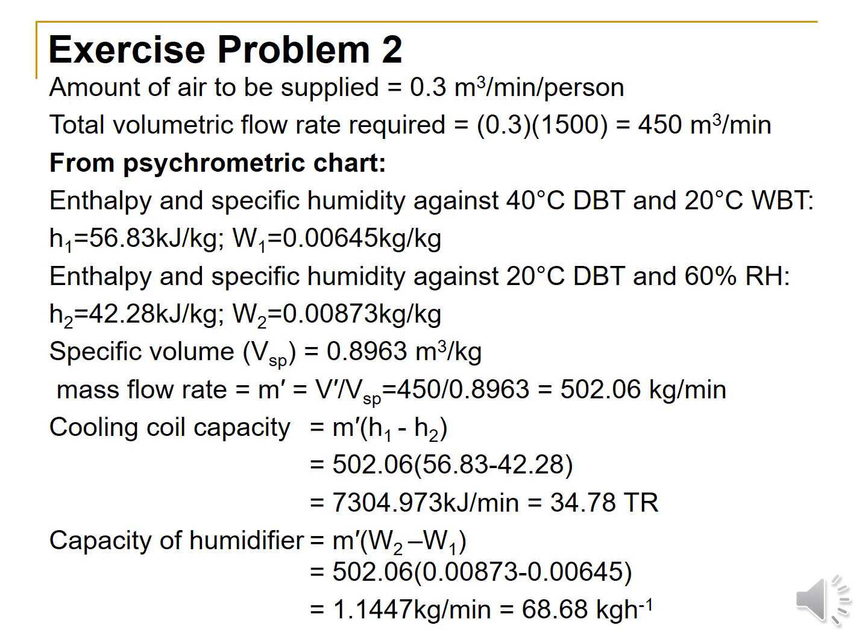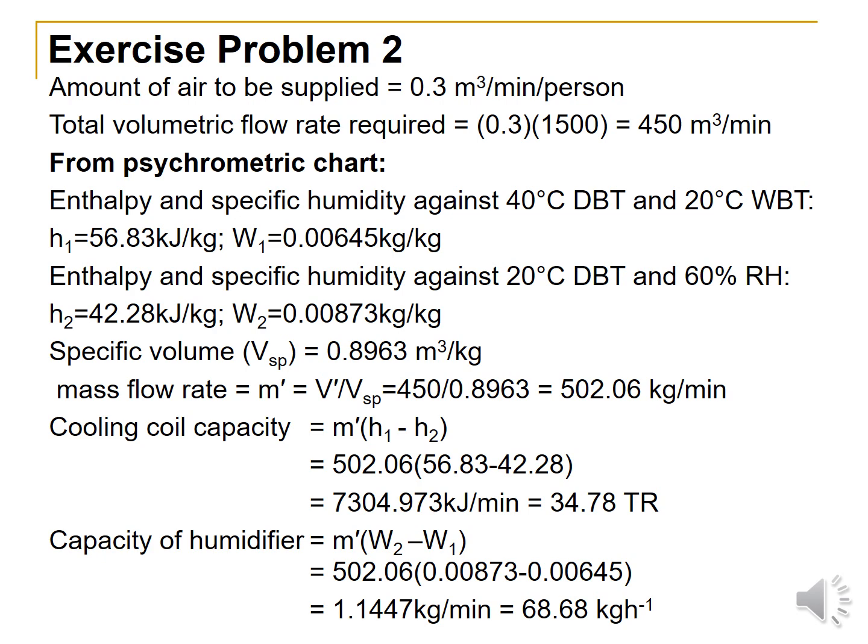Now from the psychrometric chart, enthalpy and specific humidity against 40 degrees Celsius dry bulb temperature and 20 degrees Celsius wet bulb temperature: the enthalpy was found to be 56.83 kilojoules per kg and humidity ratio W1 is equal to 0.00645 kg per kg.